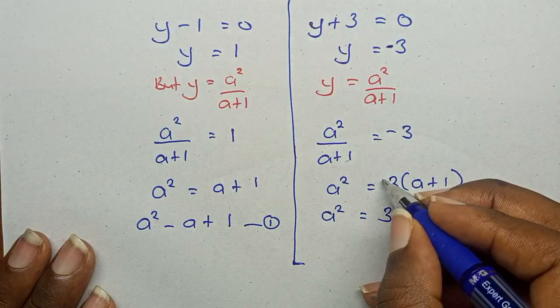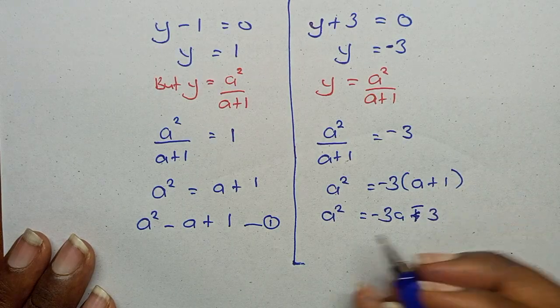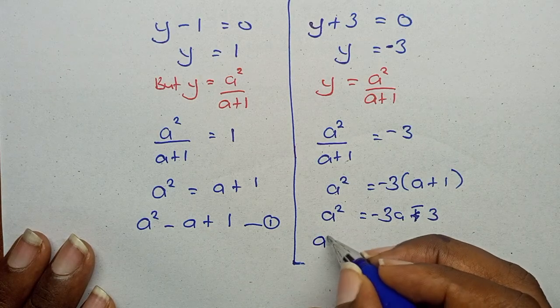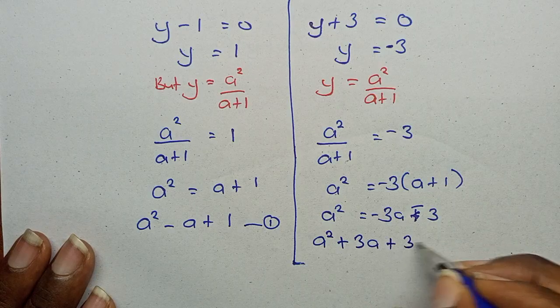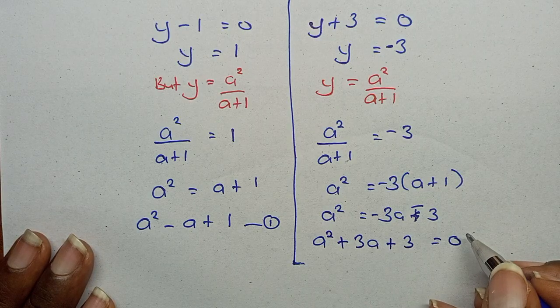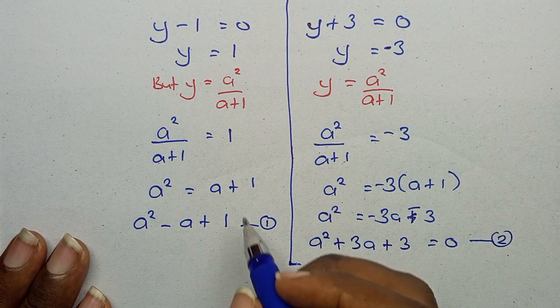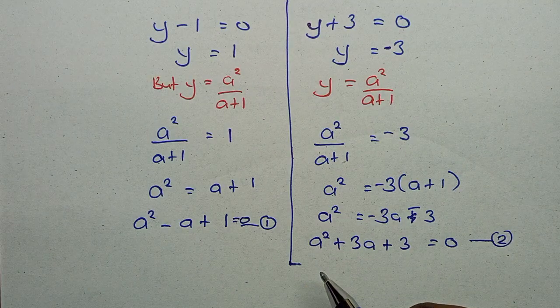This is negative 3. So minus 3a minus 3. So when they cross and come this side, it will become a squared minus 3a minus 3 is equal to 0. This is equation 2. This one is equal to 0, equation 1.